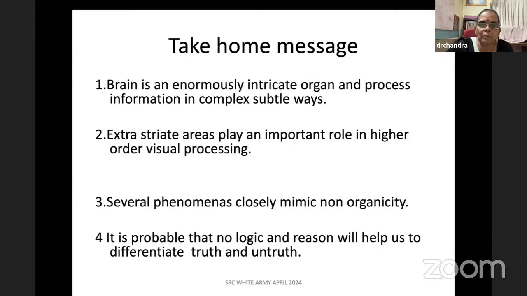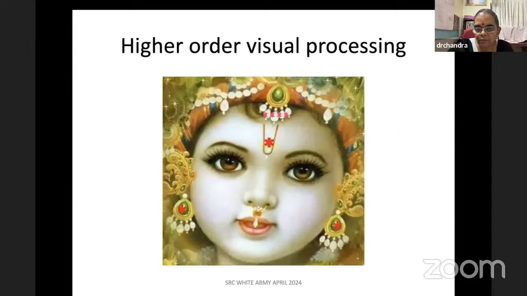Extra-striate areas play an important role in higher order visual processing, and several phenomena closely mimic psychiatric conditions. It is probable that no logic and reason will help us to understand and differentiate truth and untruth. So that is the completion of the brief outline of visual processing, which started with lower visual perception, then fundus examination, eye movements, and now the higher order visual processing.